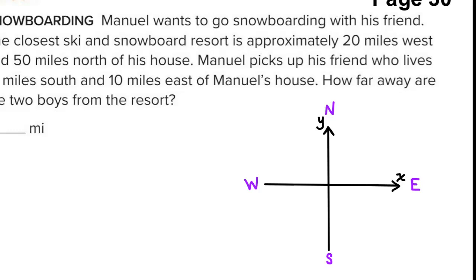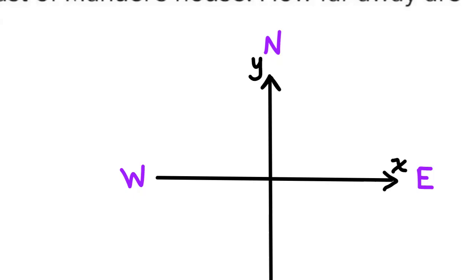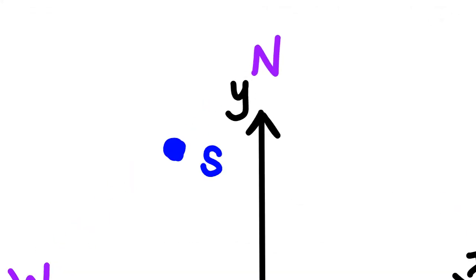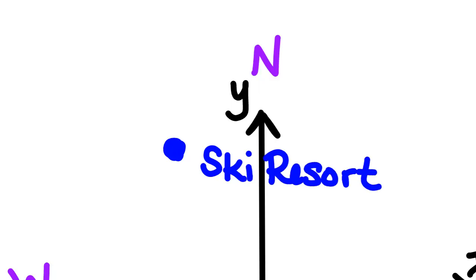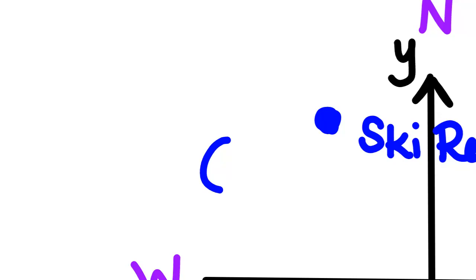Let's do the ski resort first. We're going to put an ordered pair on our picture for the ski resort. 20 miles west, is that left or right? Left. And 50 miles north, up. So 20 miles west, 50 miles north. So somewhere like right here. Here's the ski resort. And I'm going to write an ordered pair to go with it.